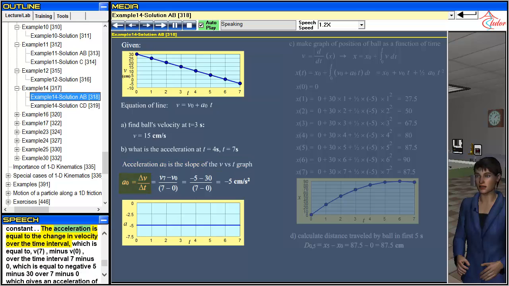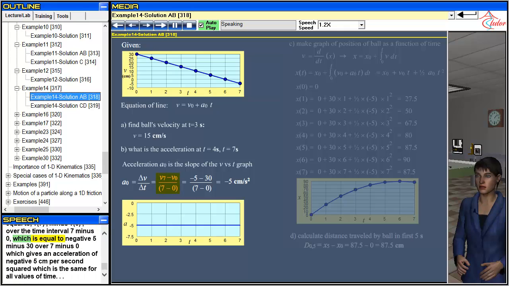The acceleration is equal to the change in velocity over the time interval, which is equal to the velocity at time 7, minus the velocity at time 0, over the time interval 7 minus 0, which is equal to negative 5 minus 30 over 7 minus 0, which gives an acceleration of negative 5 centimeters per second squared, which is the same for all values of time.